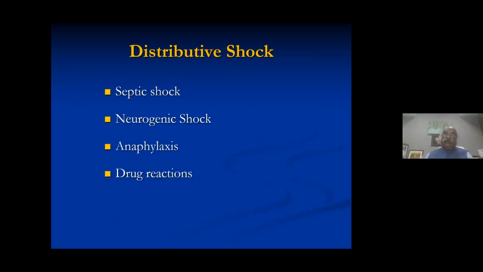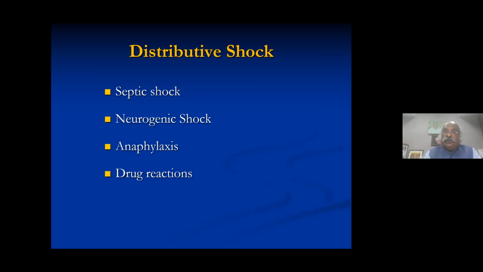Distributive shock. The brightest examples are septic shock, neurogenic shock, anaphylaxis, and serious adverse drug reactions. In this case, there is a maldistribution between the intravascular and the extravascular compartments. The difference is that once there is hemorrhagic shock, the systemic vascular resistance increases, which is a compensatory mechanism for the heart to pump more to increase the cardiac output, and therefore there is tachycardia.